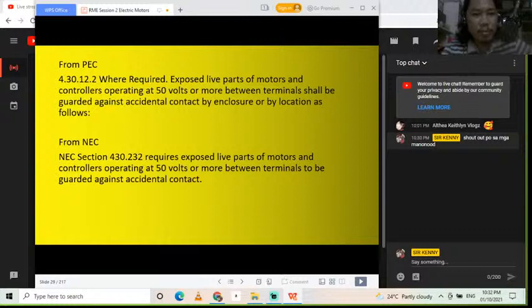Okay? So, operating at 50 volts or more. So, from National Electrical Code naman, section 430.232 requires exposed live parts of motors and controllers operating at 50 volts or more between terminals to be guarded against accidental contact.